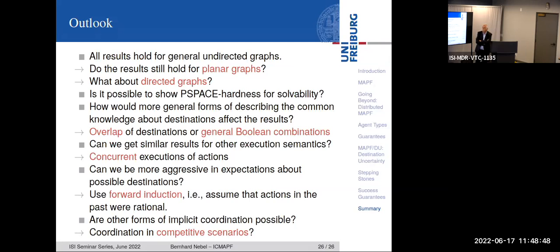In particular, if you have full observability, so that was the first scenario, right? Everything is observable, you know where you want to go, and everybody else knows where you want to go. And then all of a sudden somebody makes a wrong move.